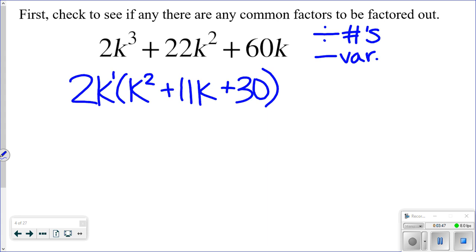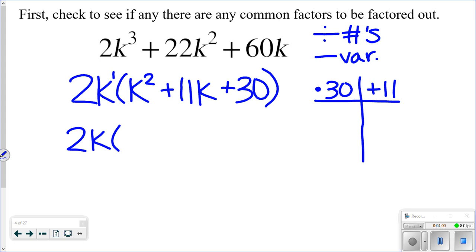So now make our t-chart, and we know how to factor this. We're looking for numbers that multiply to get 30 and add to get 11. So we're going to leave the 2k, and we're still going to end up with our two binomial factor pairs.